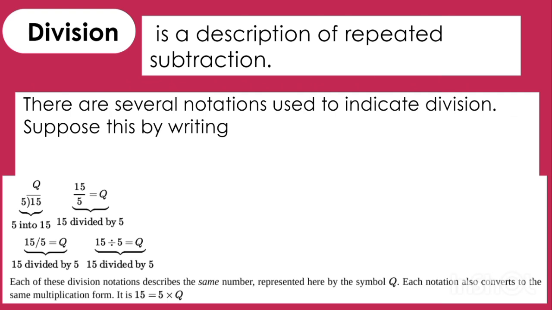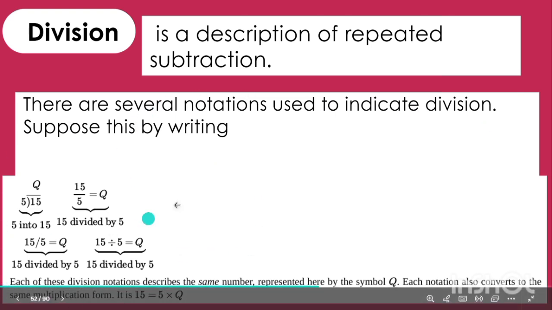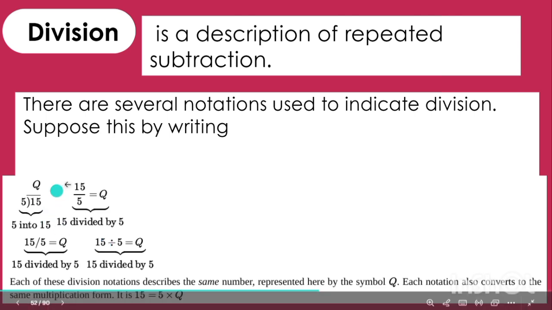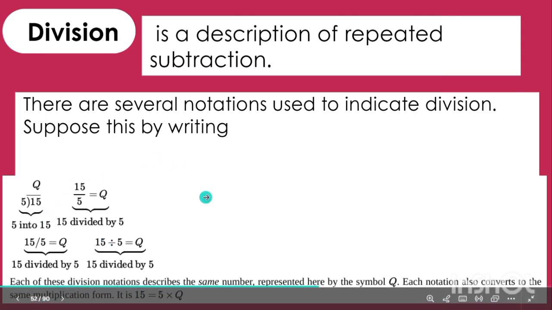So, let's proceed to division. It is a repeated subtraction. Multiplication is repeated addition; division is repeated subtraction. These are the notations, the signs that represent division. The Q represents the answer.